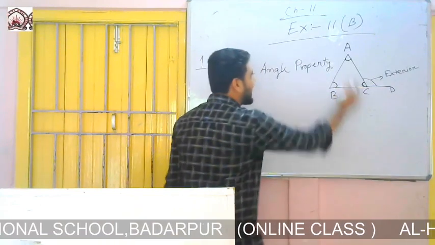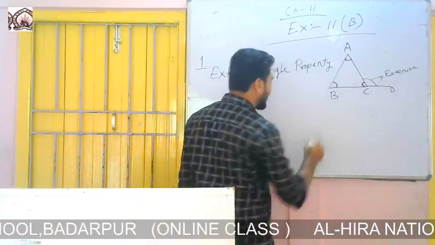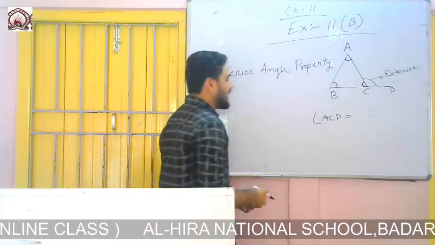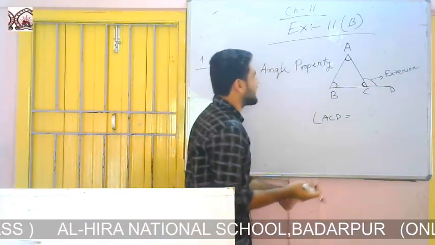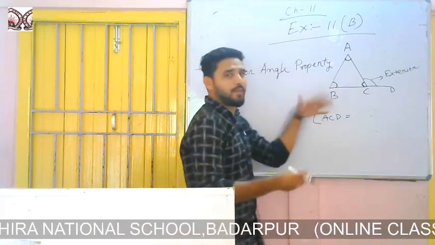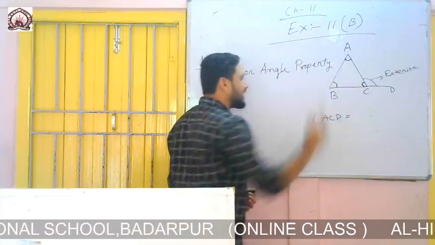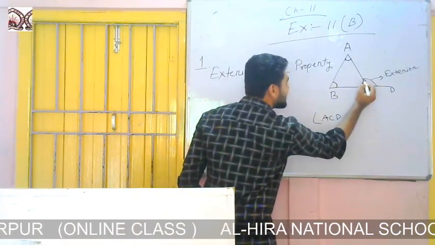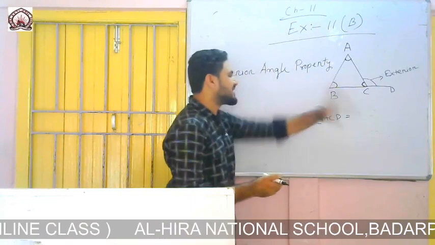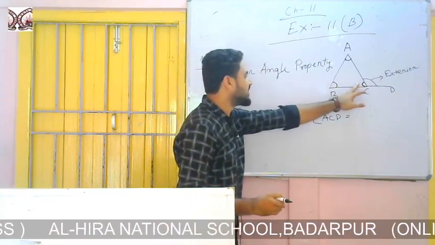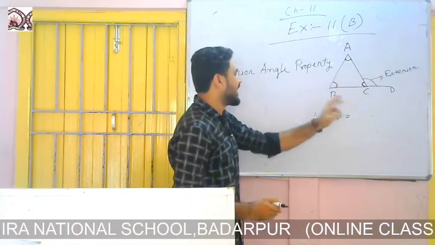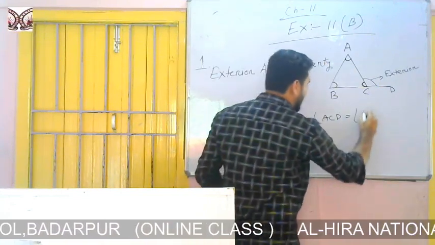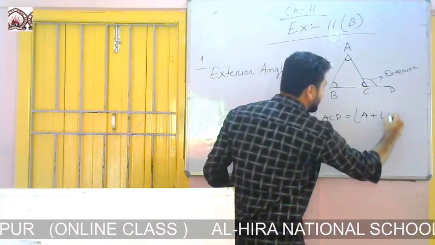That means here ACD is the exterior angle, and the property says that the sum of the two interior opposite angles, so these are the two interior angles. The opposite of this angle is these two angles, and these are interior angles. So I can write angle A plus angle B.